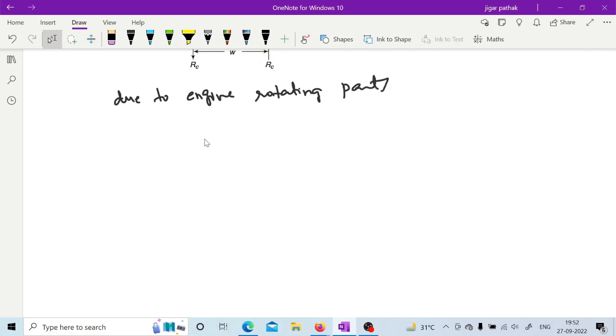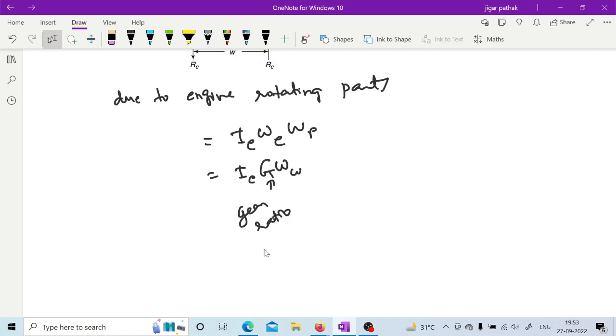Because of that you will have one more gyroscopic couple, that will be IE omega E omega P. Those engine parts will have some mass moment of inertia. Then this omega E is the rotational speed of that engine element, which is related to the speed of the wheel with the gear ratio.